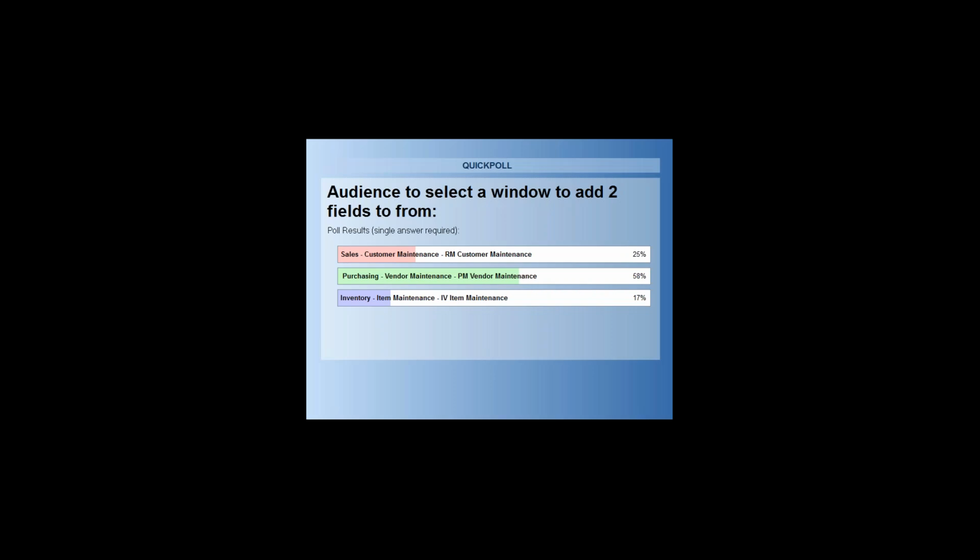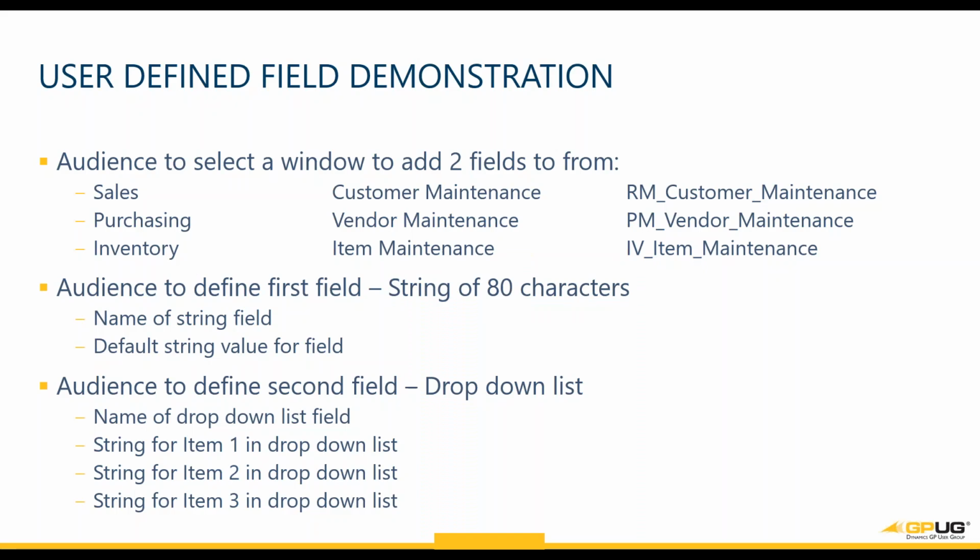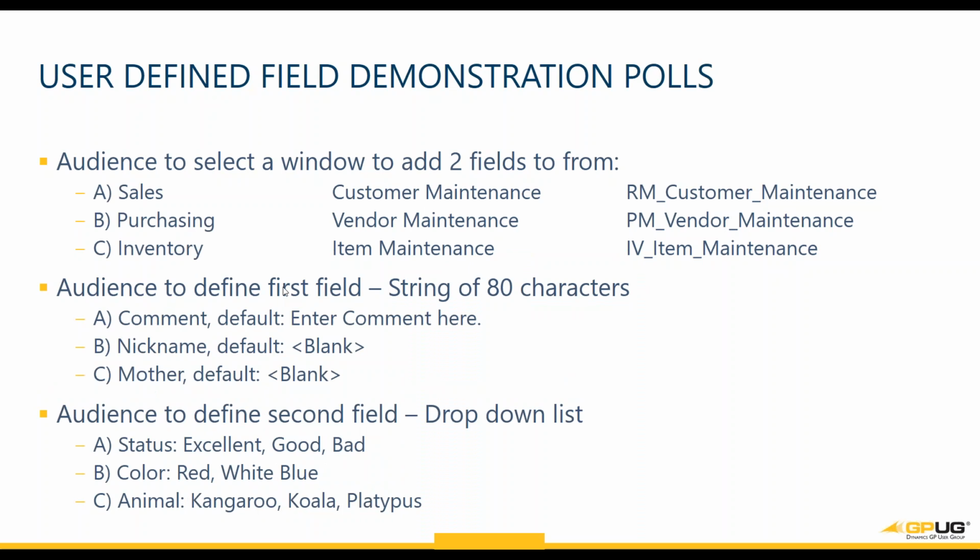So then what we're going to do is, I'll bring up the next slide. I'd like to get the audience to choose. We're going to put one field as a string field of 80 characters and one as a drop-down list. And we've got a couple of quick polls so you can decide what we're going to call the fields. So we'll get you to do the next poll, Delaney.